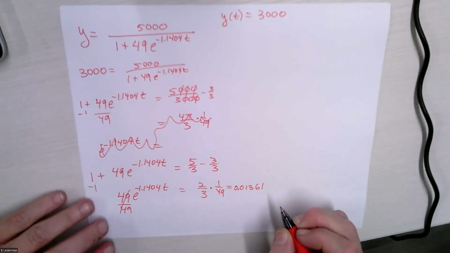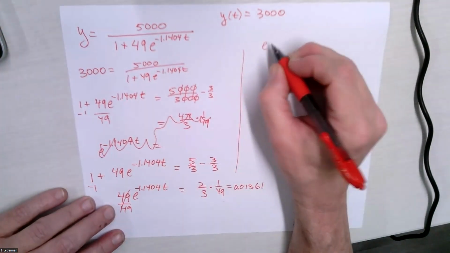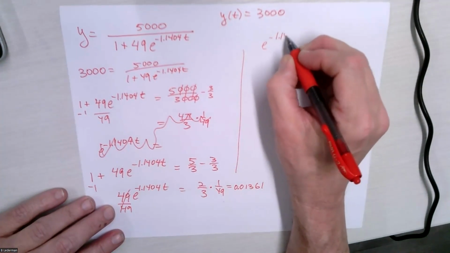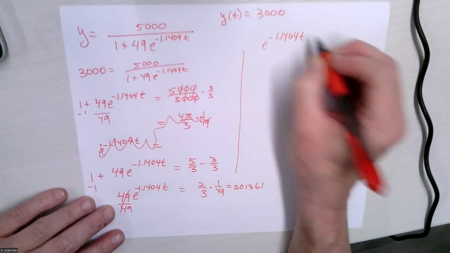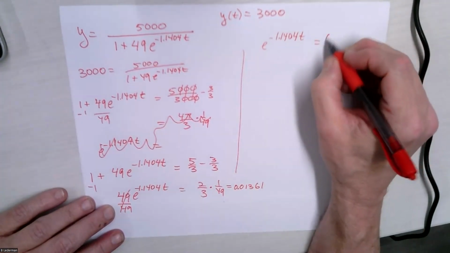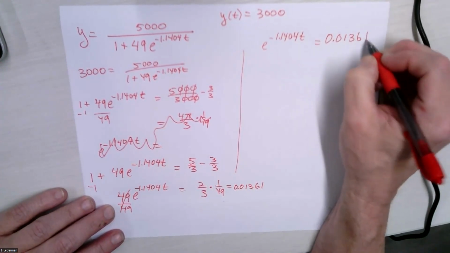which means that e to the negative 1.1404 t is equal to, approximately, of course, 0.01361.